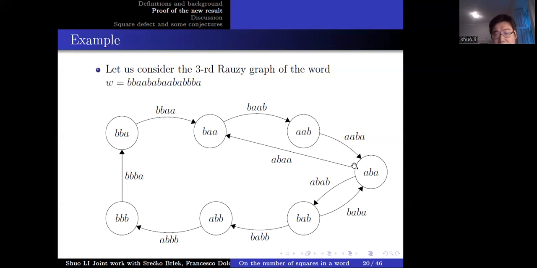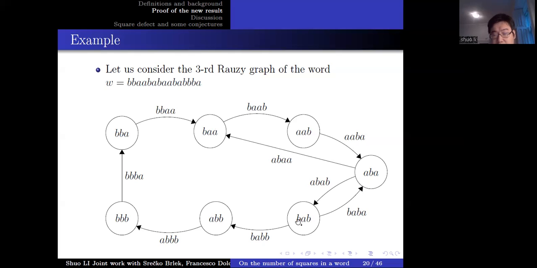The first one is this one. We begin with BAA, and we go through AAB and ABA, and we return to the word BAA. So this is a secret, and the number of edges on this secret, which equals the number of vertices, equals 3. As 3 is upper bounded by 3, this secret can be considered a small secret.